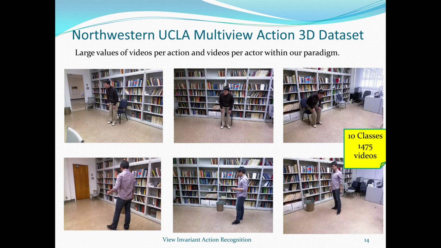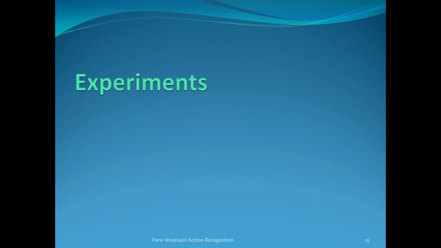And what we used was this one. It also has a high number of repetitions. Firstly, a comparatively high number of videos per action, not very high, but still higher than others, and a number of repetitions per actor, separate videos, so that it was able to learn. We have 10 different classes and 1400 videos in total. So we use this for the rest of the work.